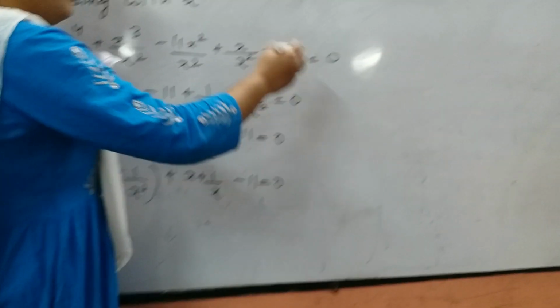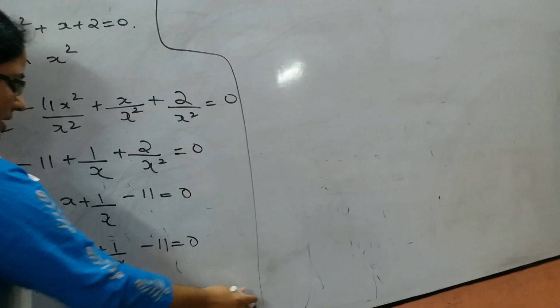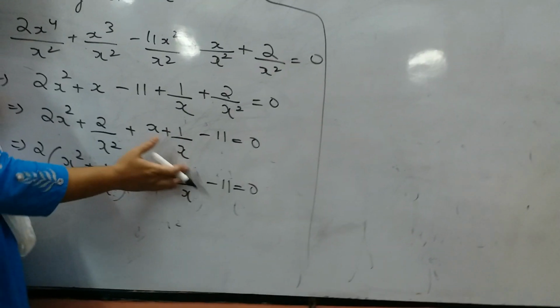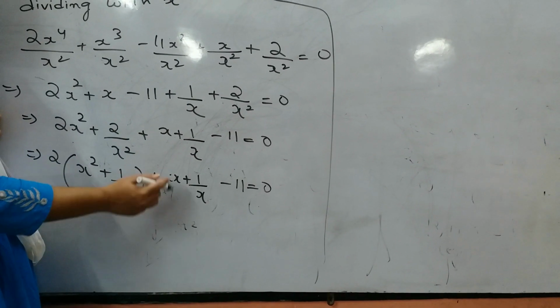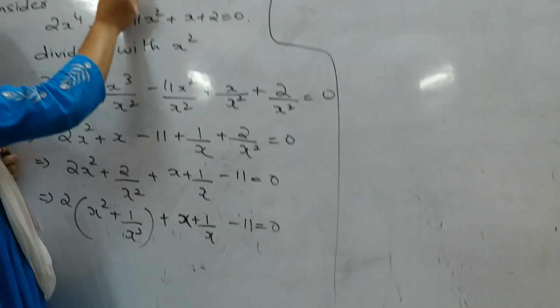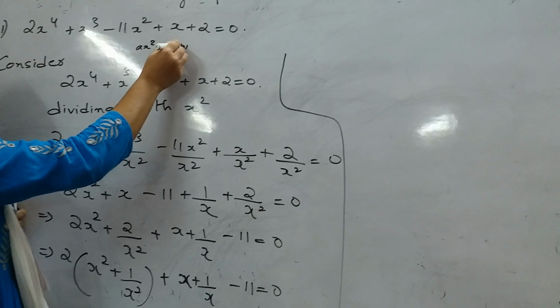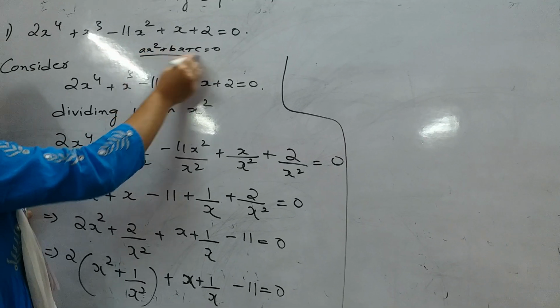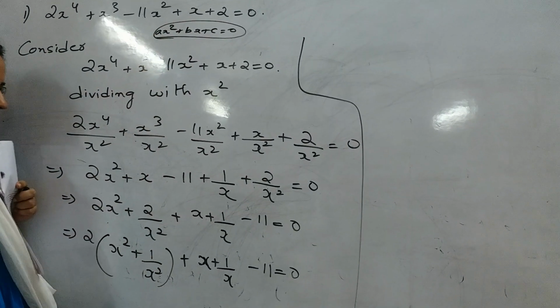Now what we'll do here is assume x plus 1 by x as a, so that it will be reduced to the form of ax square plus bx plus c. We are trying to get the equation in this form.